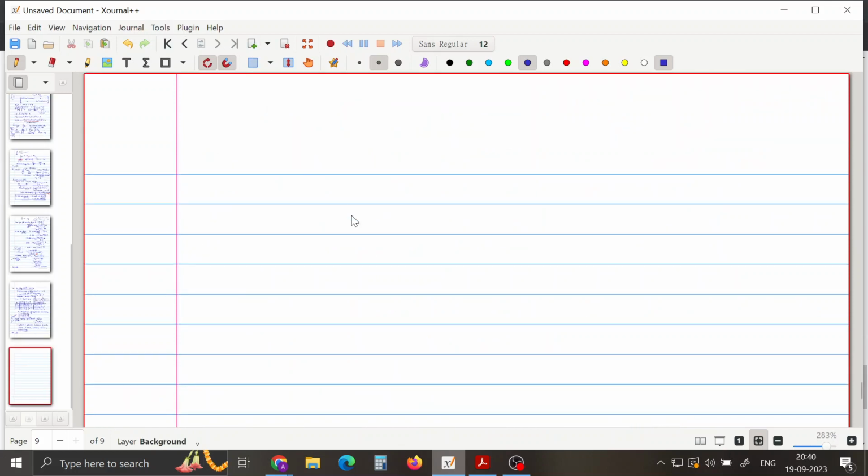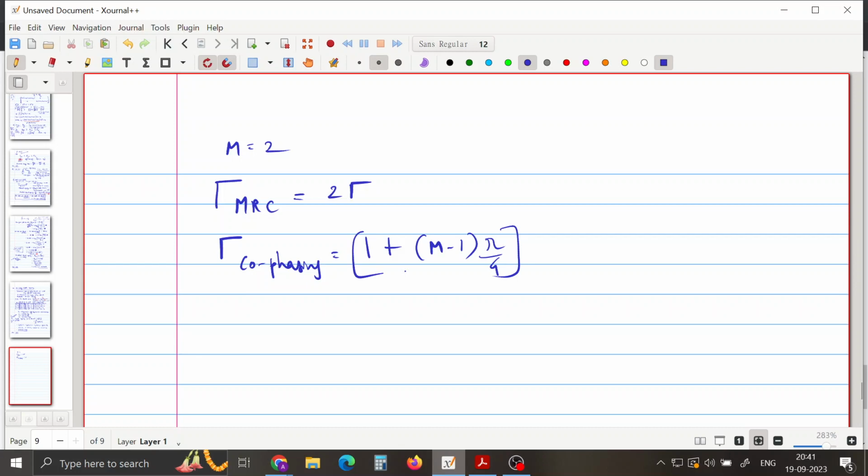Okay, so let's look at it. You are saying m equals 2. MRC would be 2 times gamma, so the given answer is correct. Gamma co-phasing would be 1 plus (m minus 1) times pi by 4, into gamma.